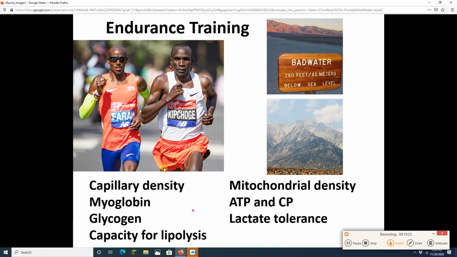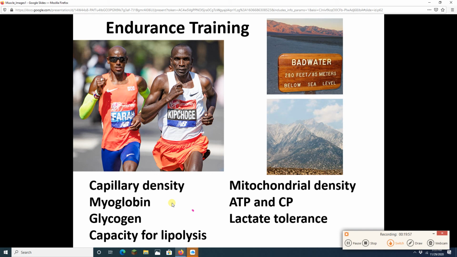These guys are ridiculous. As you train for your race, you will grow more blood vessels. Your capillary density will increase. Your myoglobin stores will increase, so you can store more oxygen in your muscle cells. Your glycogen stores will increase. You can store more glucose. Your capacity for lipolysis, that is a fancy way of saying your ability to break down fat, will improve.